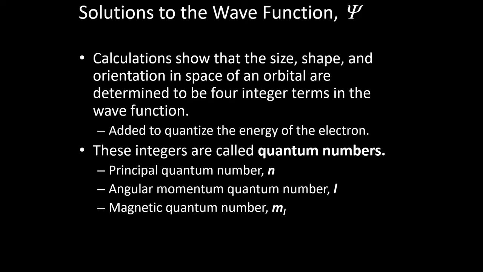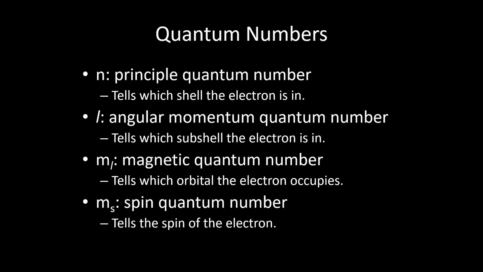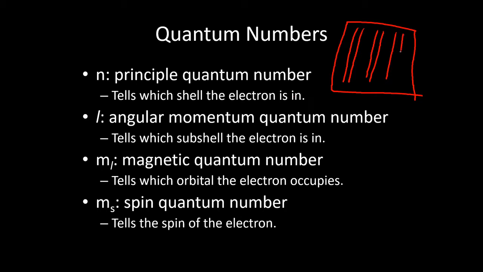To help us understand what these quantum numbers are useful for, what they're going to help us do, I like to think of an analogy of a warehouse. If you've ever worked in a warehouse before, you have this giant room, and there'll be rows of pallets or cabinets or something that you're storing material in, and usually these rows of materials are numbered.